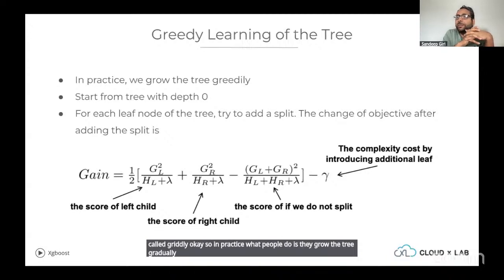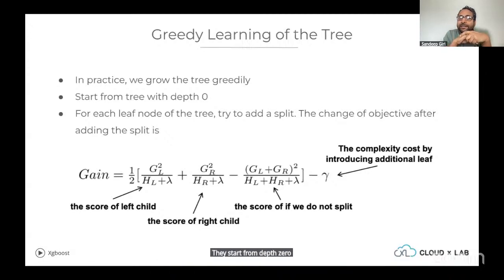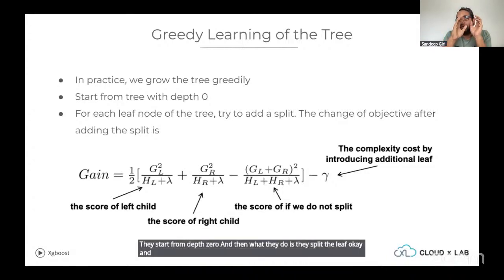They start from depth zero, and then they split the leaf and calculate the objective function before and after the split. Before the split, this was the loss. After the split, this is the loss. The difference of the two is called the information gain.